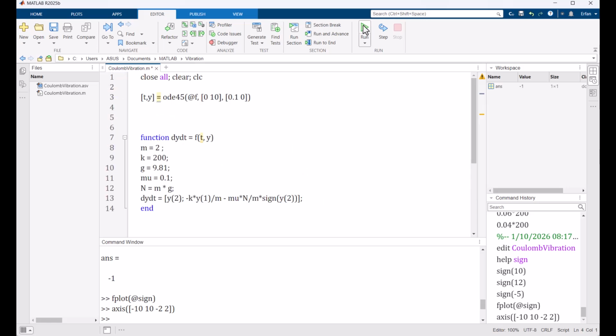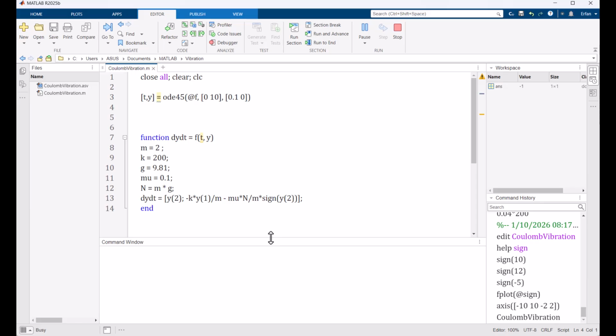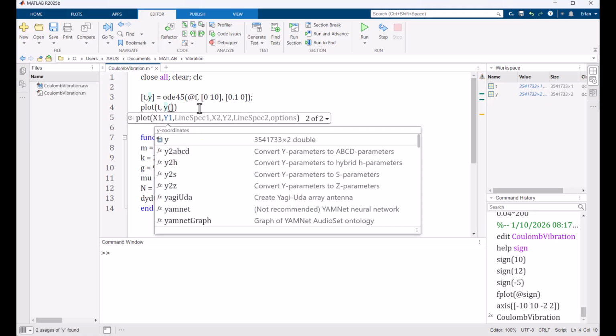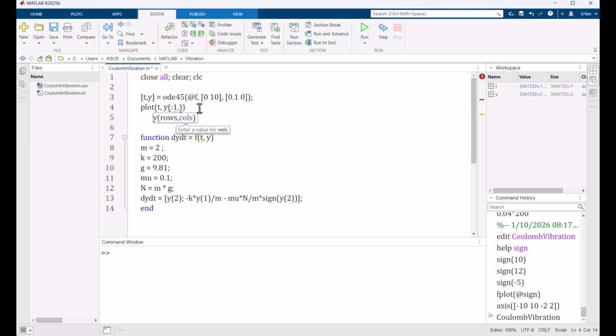Let me run this code to see if I face any errors. Okay, I forgot to terminate this statement, so I put a semicolon at the end of it and ran it again. Okay, it ran with no errors. So I plot t comma y of the first column.